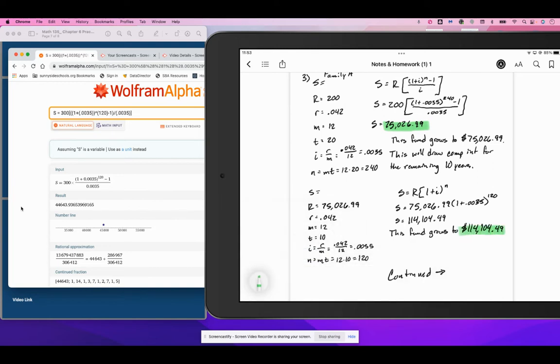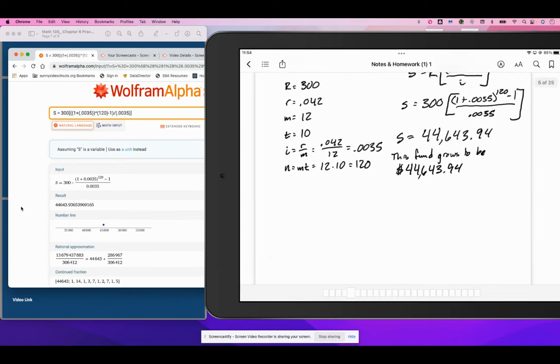So we can call this green stuff here Fund 1. So that $114,104.49 there is the total amount that is in Fund 1. So it's not the case that we need to add the 75 and the 104 or the 114. We are not going to add those because the 75 grew to be 114. So that is Fund 1.